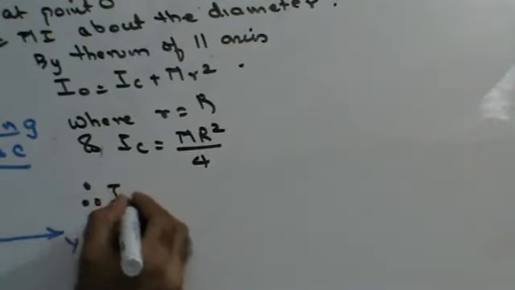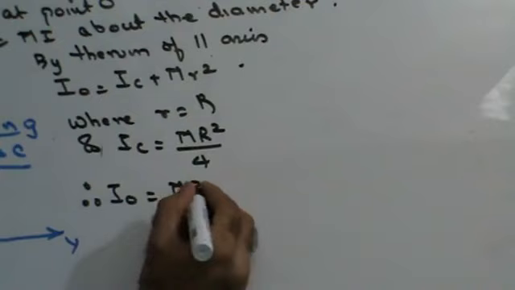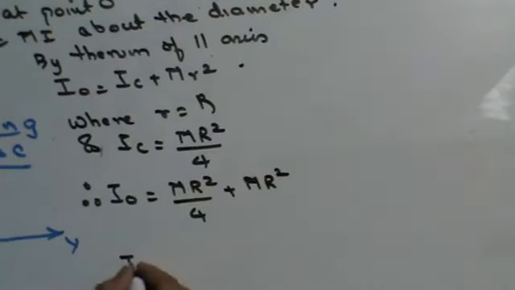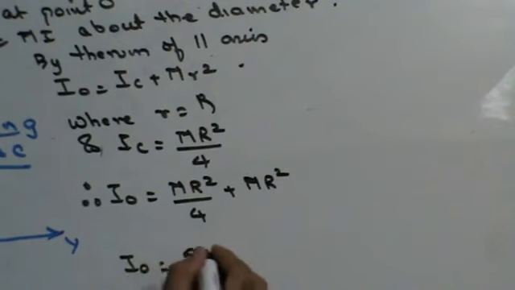Therefore IO is equal to MR square by 4 plus MR square, so IO is equal to 5 MR square by 4. That will be the moment of inertia about an axis coinciding with the tangent in the plane of the disk.